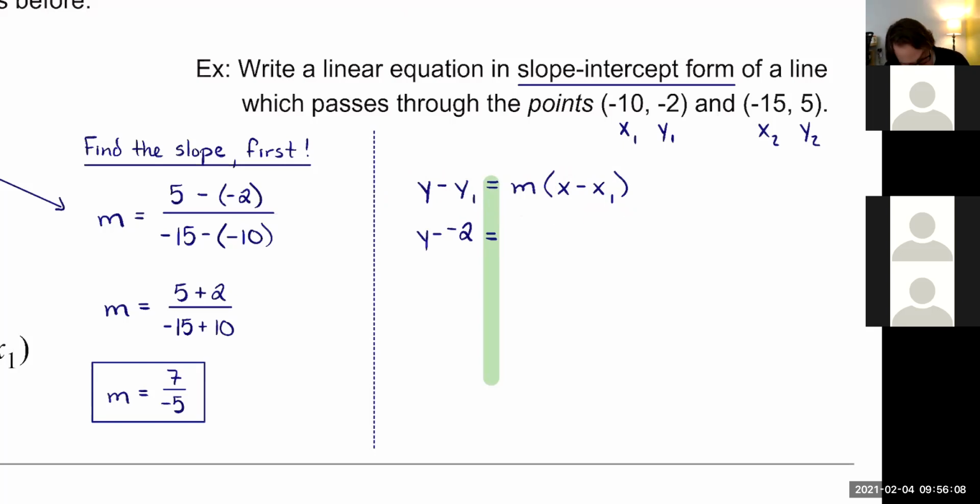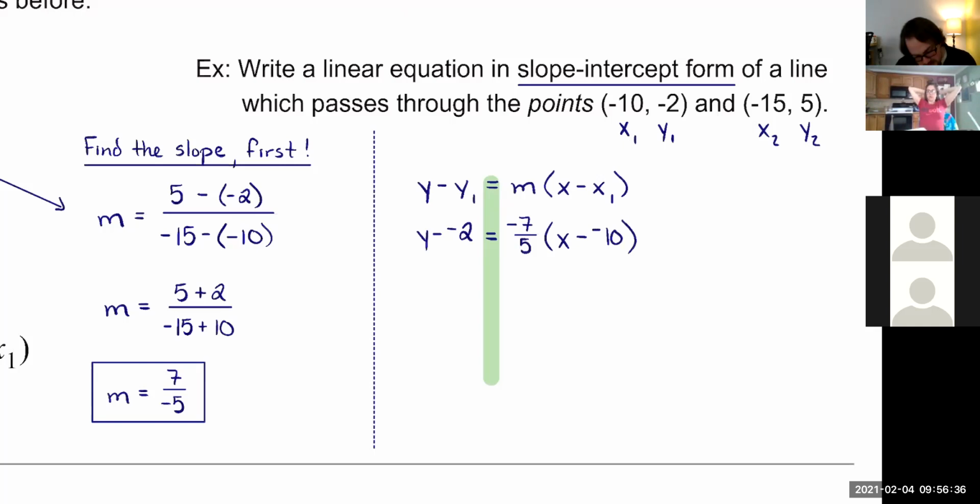So I have y minus y1, which is a -2. m, which is the slope that we found. I'm going to move the negative sign to the top just because a long time ago my teachers told me to do so. So now I just do it. I'm not particularly picky, but it'll help me in just a moment. Parentheses x minus x1, which is a -10.